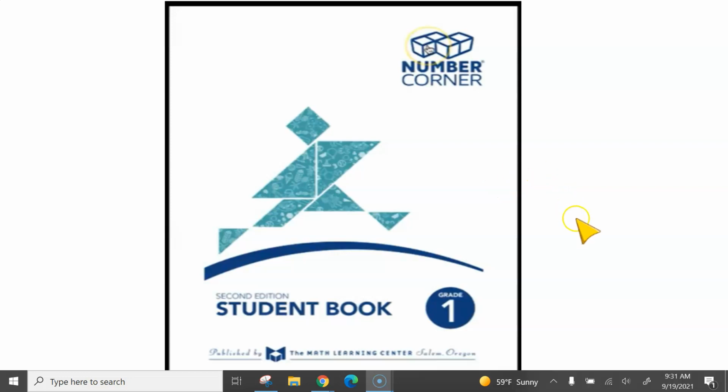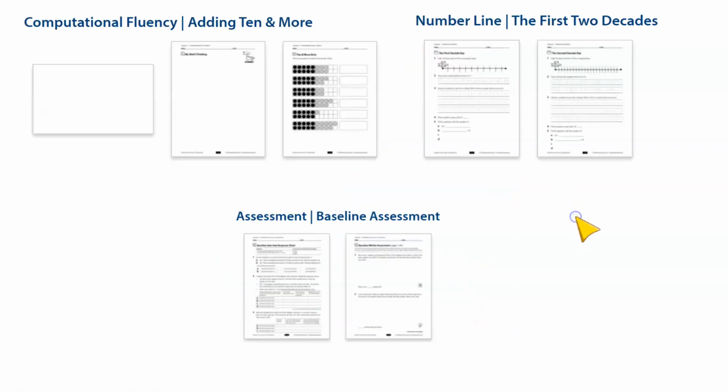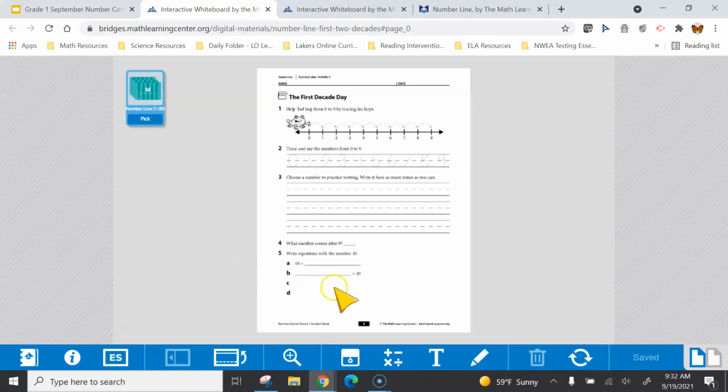We are going to actually work in this book on page 4. Page 4 looks like this. It has a frog at the top of it. And it says the first decade day. I want to teach you something.